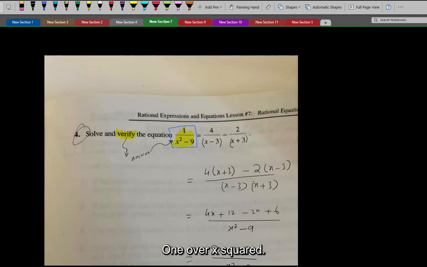1 over x squared minus 9, 4 over x minus 3, and 2 over x minus 3.